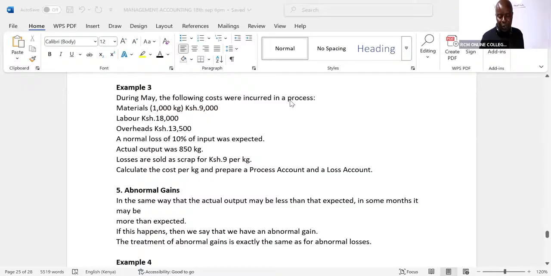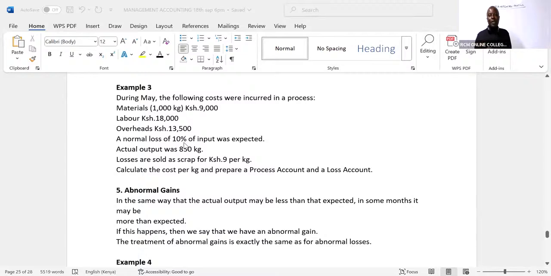Materials were 1,000, which cost us 9,000 Kenya shillings. Labor was 18,000, overheads were 13,500. Normal loss is 10% of the input, which was expected. Actual output was 850 kilograms. Losses are sold as scrap for Kenya shillings 9 per kilogram. So they want us to calculate the cost per kilogram and prepare a process account and a loss account.